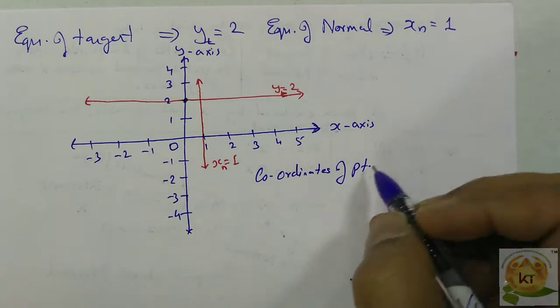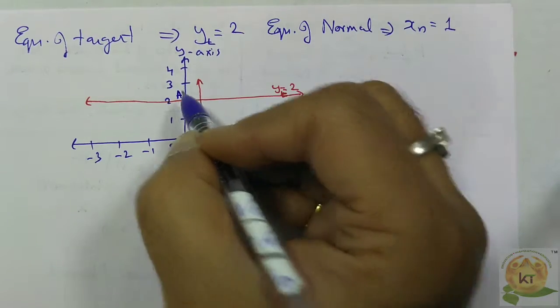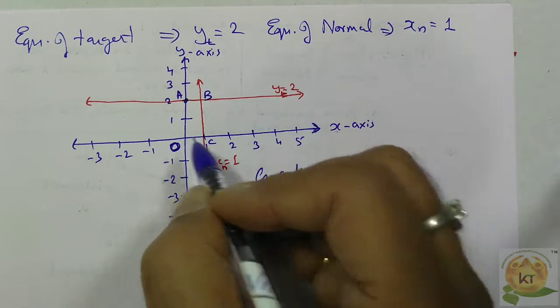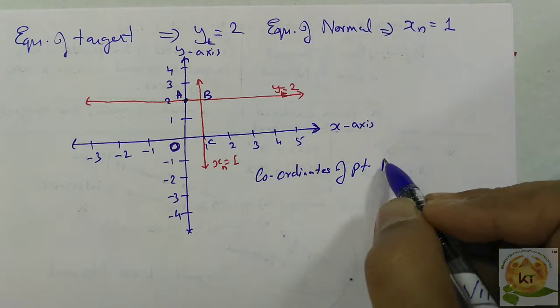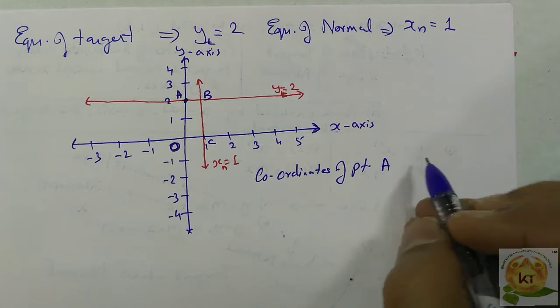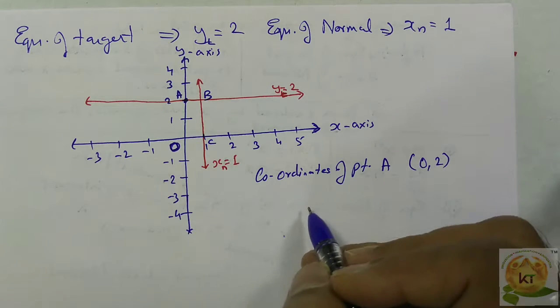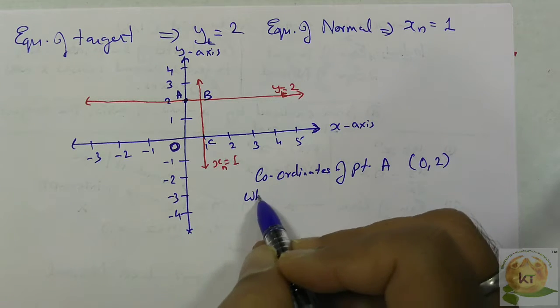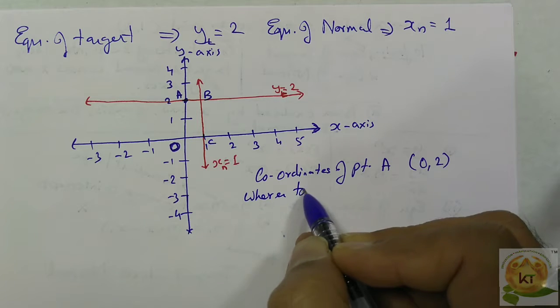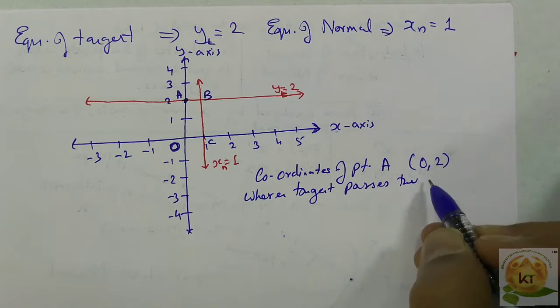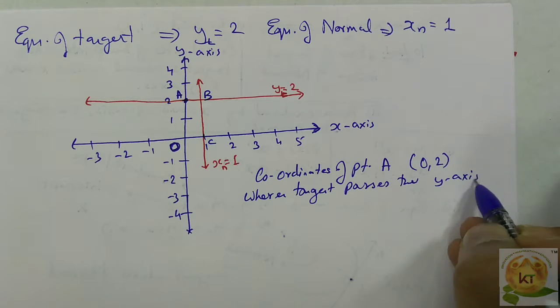of point, let me name them A, B, C and O. This is already the origin. Coordinate of point A, this is where my tangent is passing, is nothing but 0, 2, right? So this is where the tangent passes the y-axis.